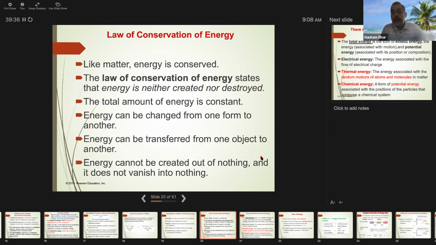The initial trapping of the solar energy is done by the plants. They generate the carbohydrates, the bonds that form the carbohydrates. We eat those carbohydrates and we get the energy. So we are actually getting energized by the sun, as the ultimate source of energy. So energy cannot be created out of nothing, and it does not vanish into nothing.